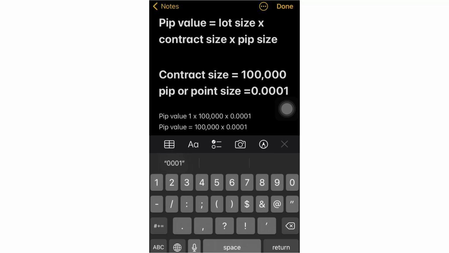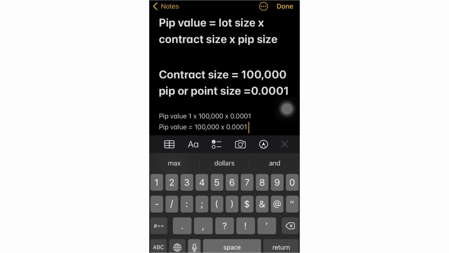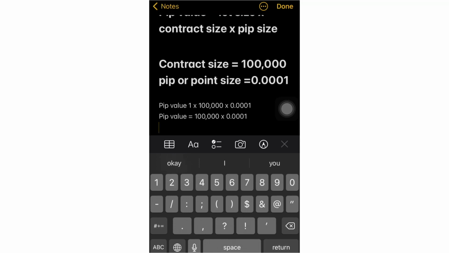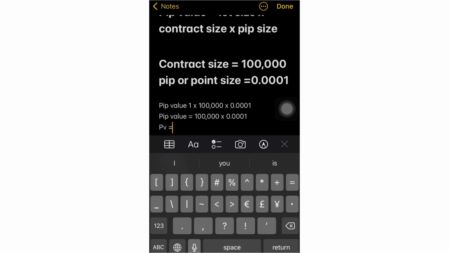When you calculate this, automatically we're going to have pip value equals 10.